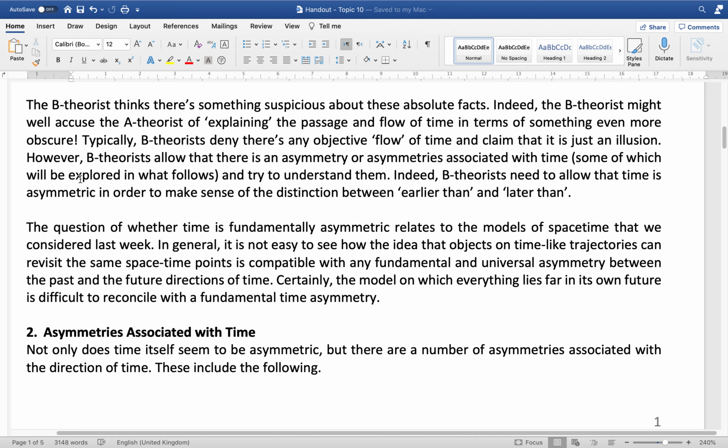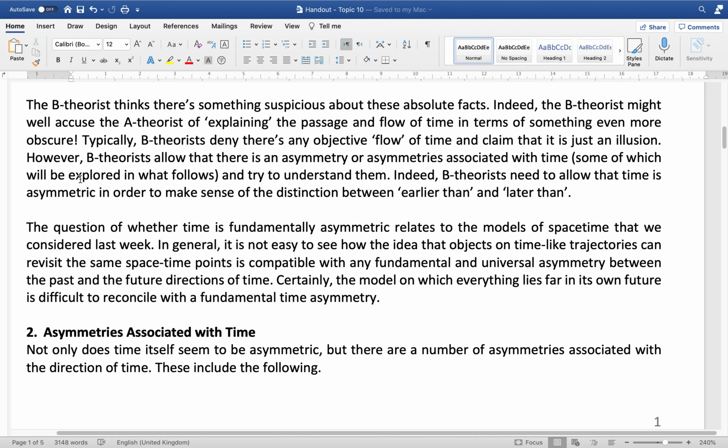Some of those models, if they held, would make it difficult to sustain a fundamental or universal asymmetry of time. For instance, we considered a model on which everything lies far in its own future. So the whole of space-time, if you like, curves round on itself. Everything lies in its own absolute future, just as every object, I guess, on the surface of the Earth lies far to the west of itself.